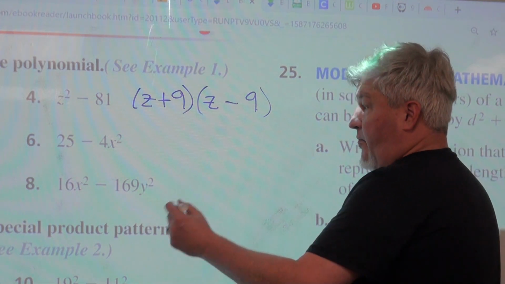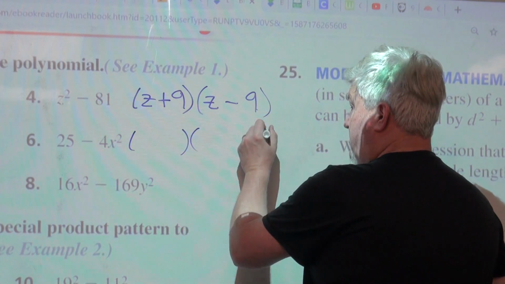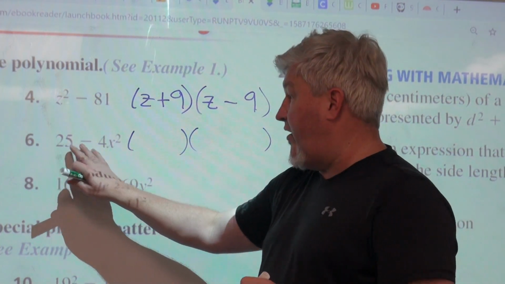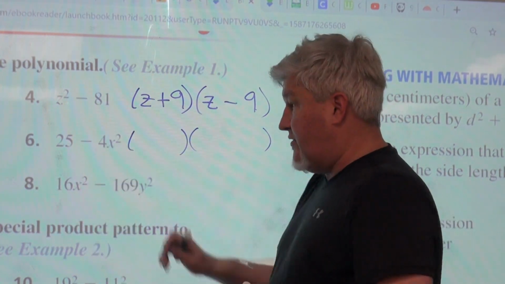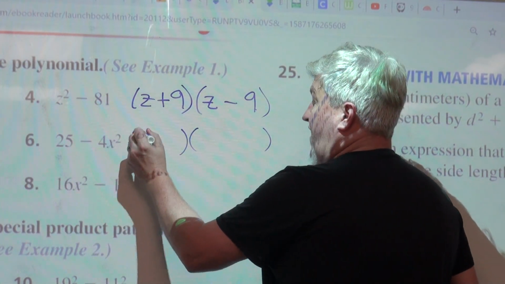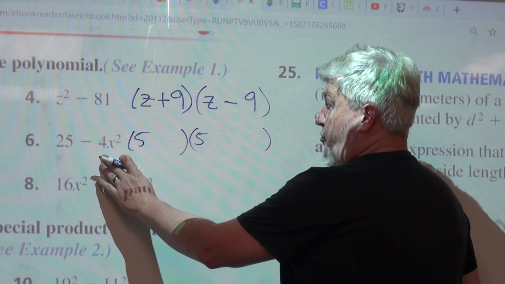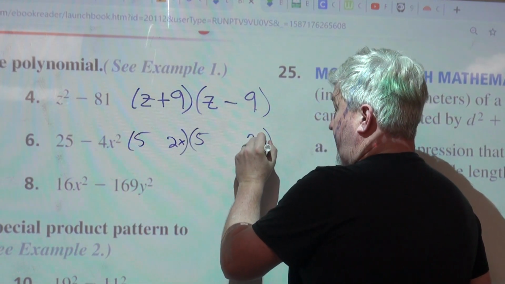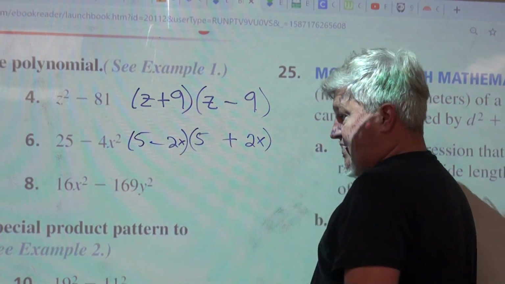Number 6. You should quickly recognize 25 is a perfect square, as is 4. The square root of 25 is 5. The square root of 4 is 2 with the variable. And then just put one sign each, they're opposite.